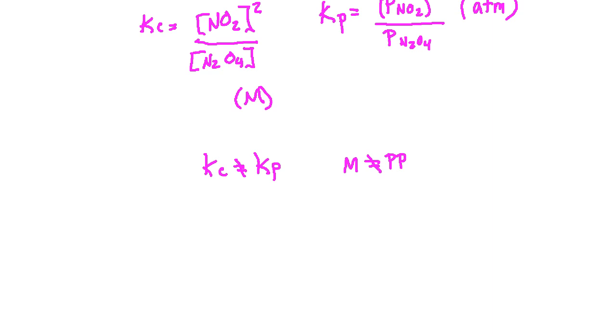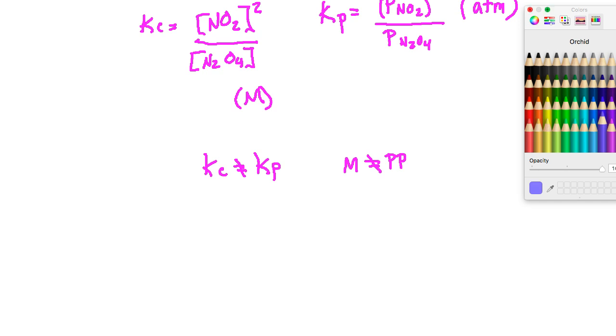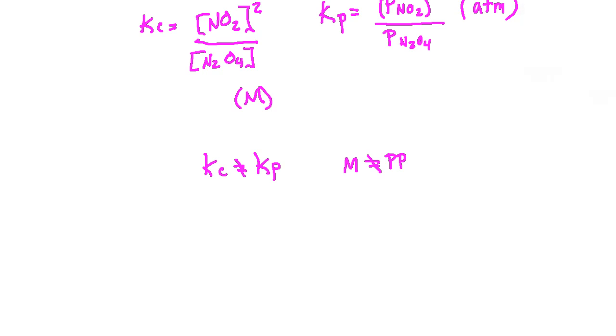So how can we relate these? They do have a relatable equation, and it uses gas laws. So if you want Kp to be related to Kc, you're going to take Kp, set it equal to Kc, and you need to multiply it by 0.821 times temperature. Now, that 0.821 comes from the gas law units, and then you're going to raise this to the change in moles.